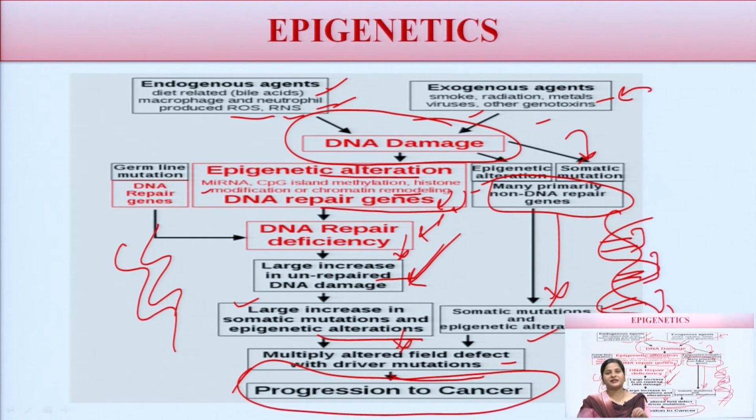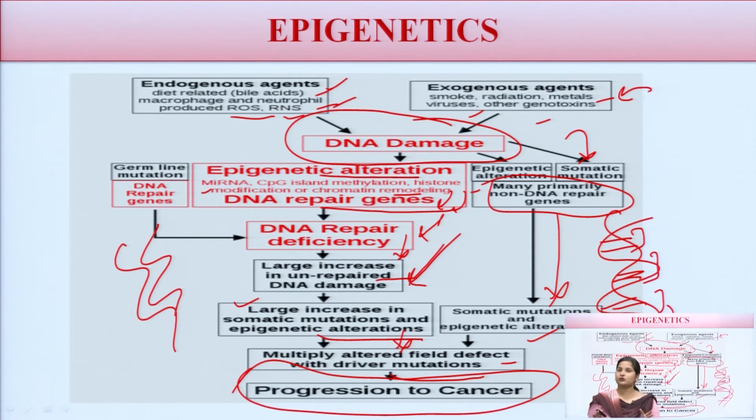The DNA is not able to repair itself, so DNA gets continuously damaged. In the previous slide I told you that there is a mutation in the genes, but not a mutation in the sequence of the DNA.